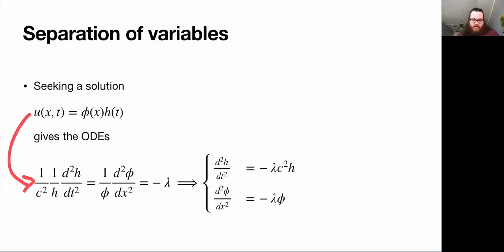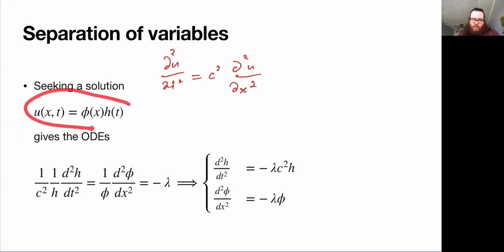Plug this into the PDE, where recall the PDE is d squared u dt squared equals c squared d squared u dx squared. You're going to end up with this expression where you've already moved things around.